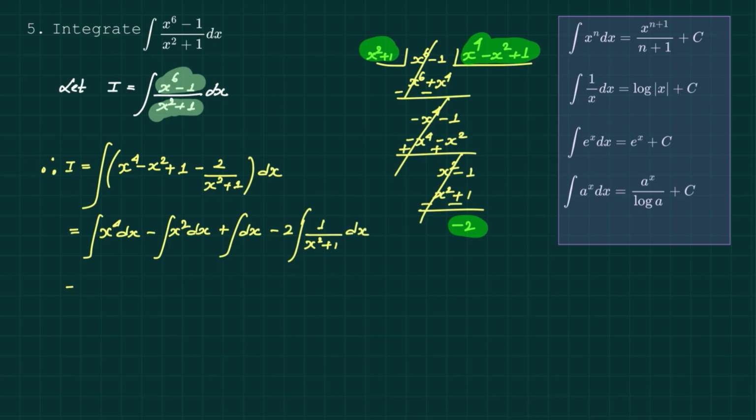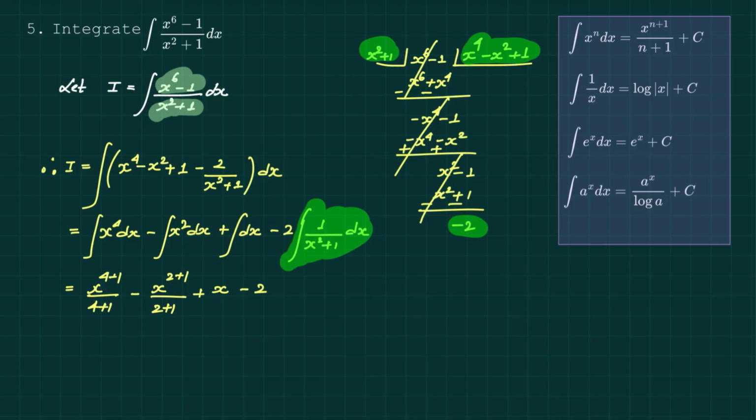So using the formula, this will be x to the power n plus 1 by n plus 1, minus x to the power n plus 1 by n plus 1, plus integration of dx, which is x, minus 2 into, now look at this function, that is 1 by x squared plus 1.